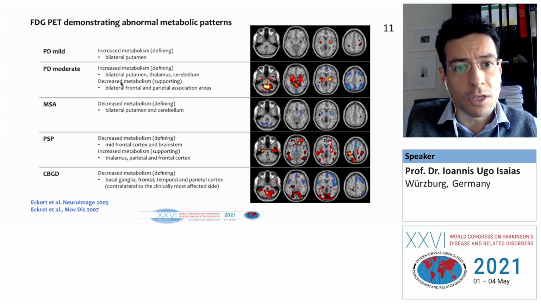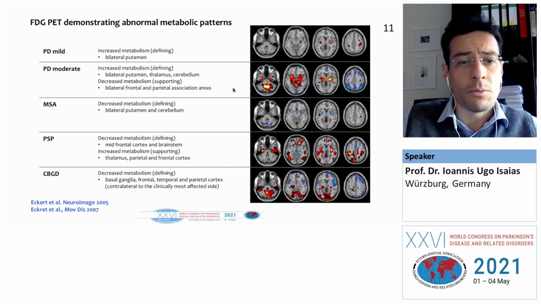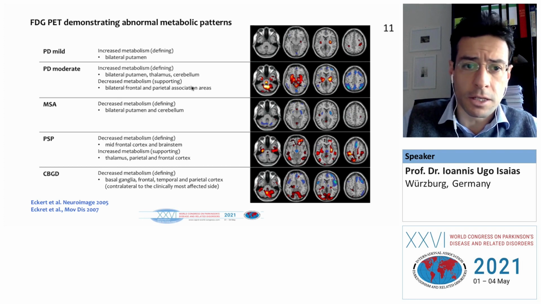When we go to stage 2 and 3 of Hoehn and Yahr, so moderate Parkinson's disease, we still can see this increased putamen uptake, but it also involves the thalamus and the cerebellum, so possibly a compensatory activity of the cerebellum over putaminal activity loss, and decreased metabolism in the frontal and parietal areas, which are supporting findings for Parkinson's disease.